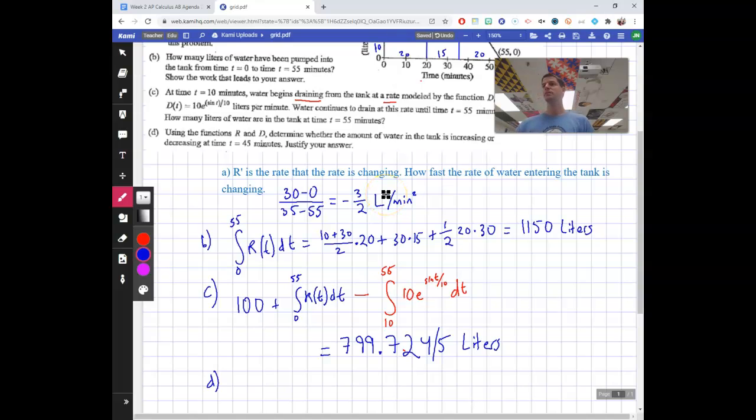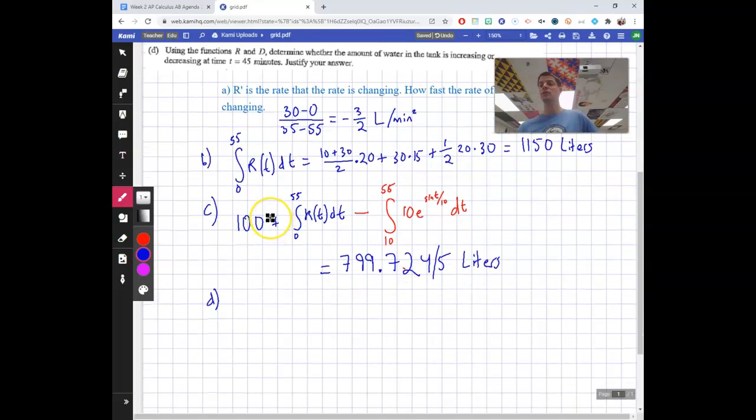Part D. Using the functions R and D, determine whether the amount of water in the tank is increasing or decreasing at time t equals 45. Justify your answer. So what do we need to do? Well, we need to calculate R of 45 and D of 45. And that's the rate.